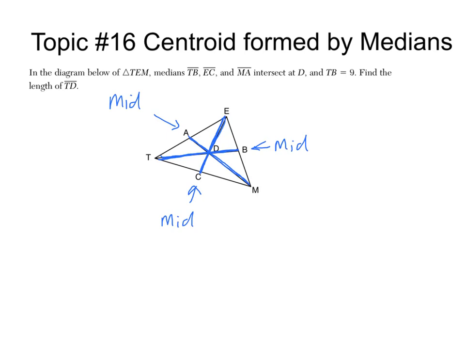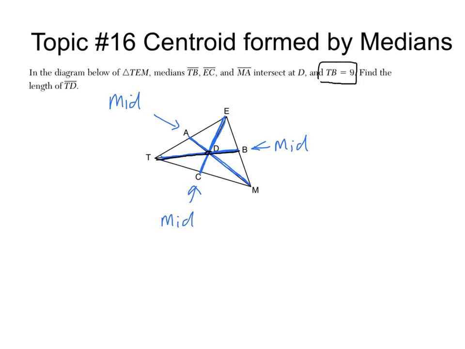If you join all three medians together in a triangle, the answer will always appear inside the triangle, and it will divide these segments into pieces such that one piece is twice as big as the other. So let me illustrate by doing this question. They're telling me that from T to B is worth 9.